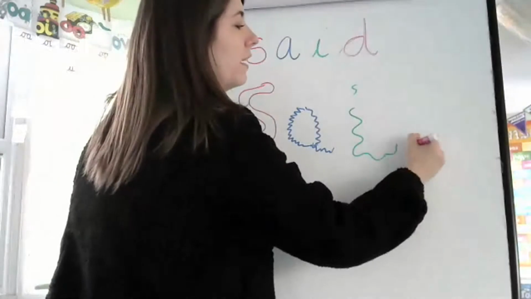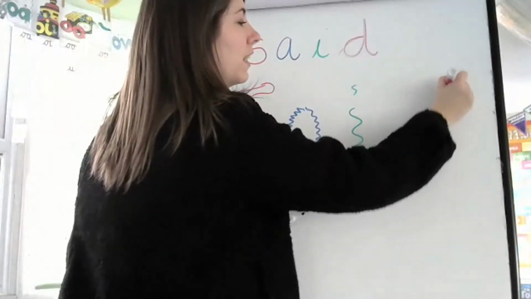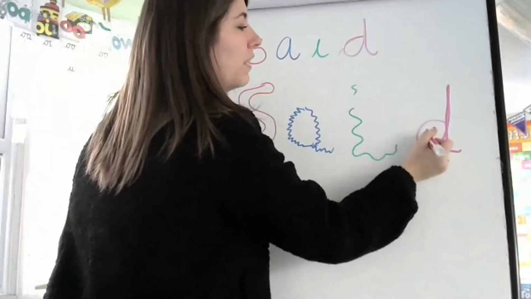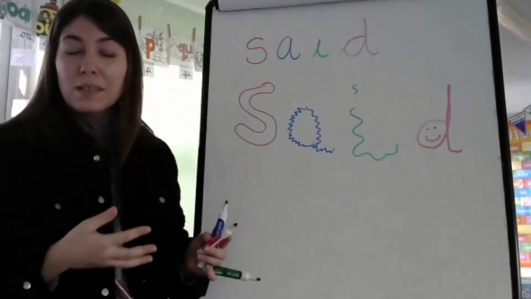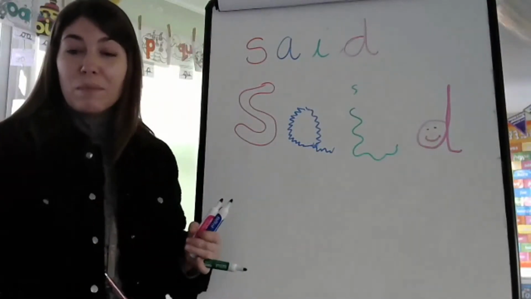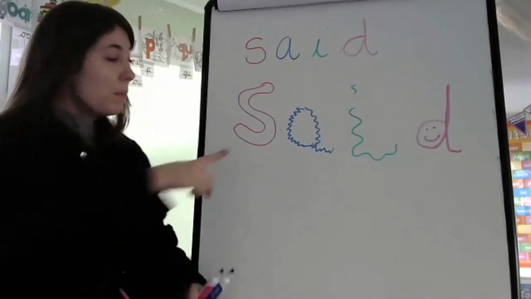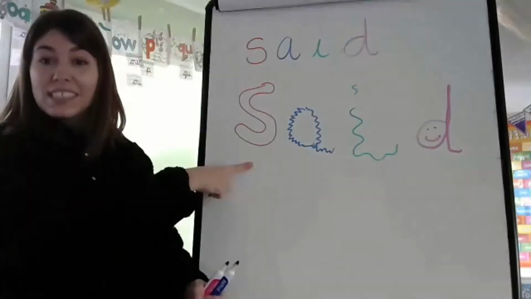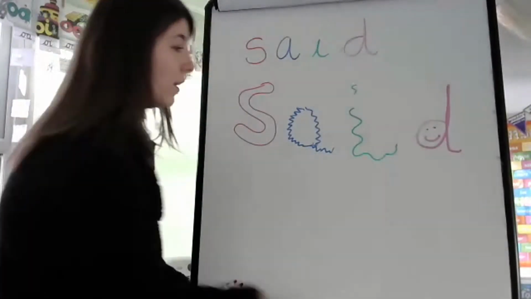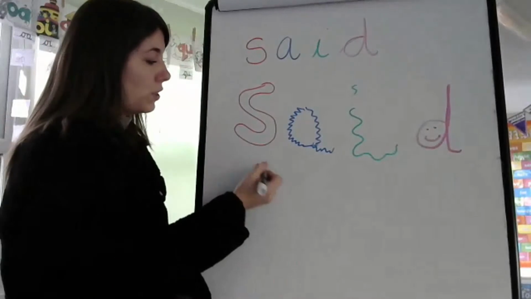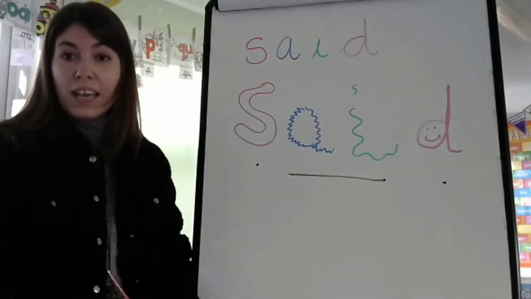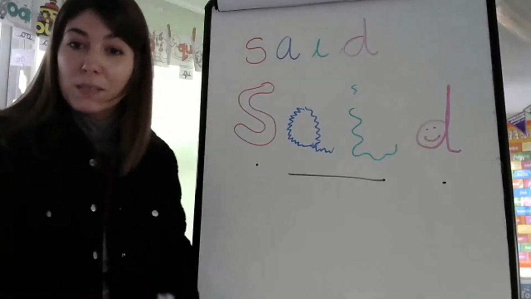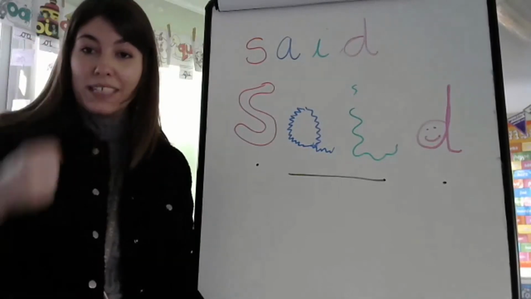And then maybe for my letter D, I might put a smiley face inside. It looks like a person. So I'm playing about and making my spelling more fun by using different colours and different shapes, but this does look like the word said. I can see still that I have the S-E-D word on the board. Now that I've had fun with practicing my spelling, hopefully I'm going to have remembered it.